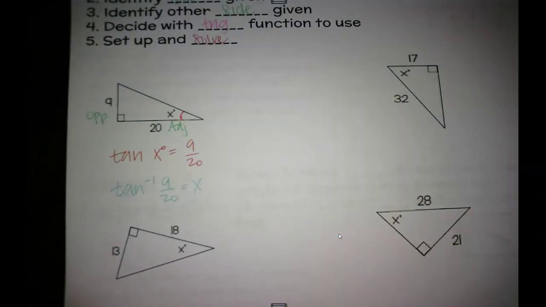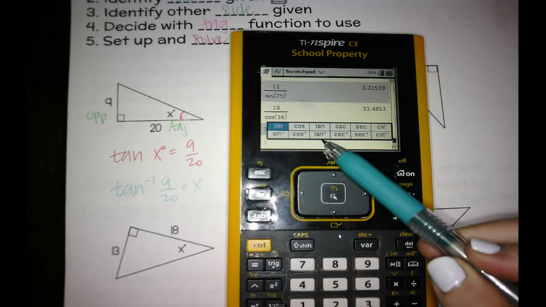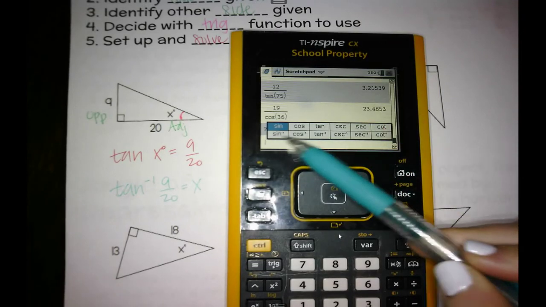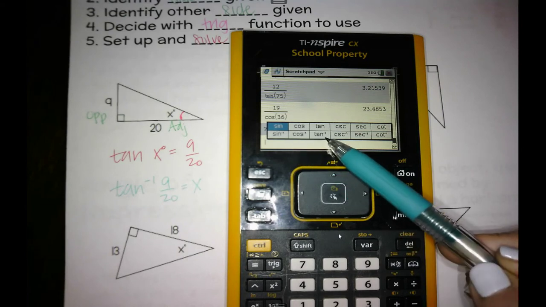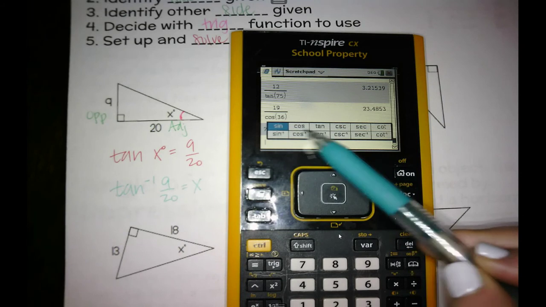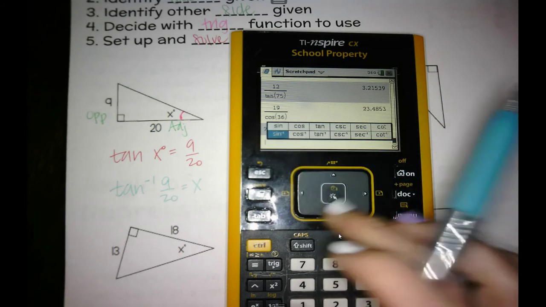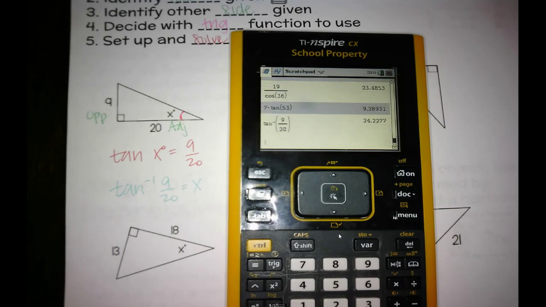Not going to walk you through all that math, but you can see on the calculator we have this bottom row has our trig functions and it has that little negative sign. That's what we're going to be using when we're finding our angles. So remember, we were finding sides, we use this top one, angles the bottom one. So we're going to go to tan and we're going to put in 9 divided by 20.